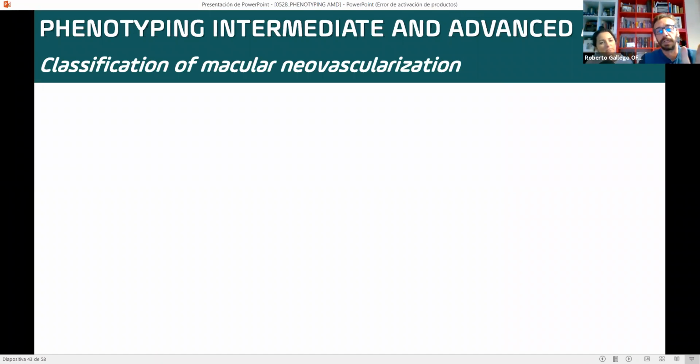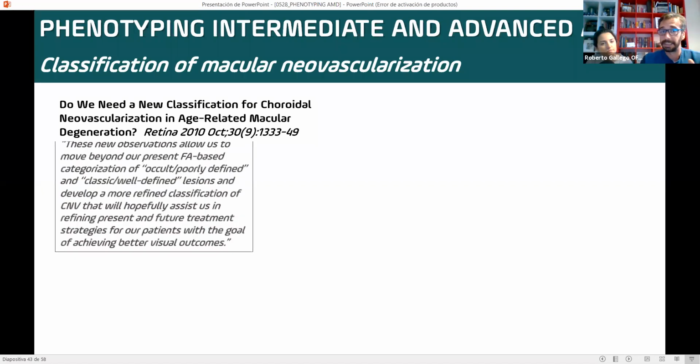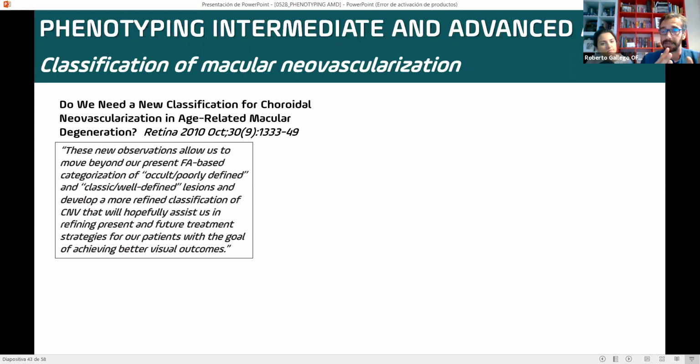This is easier, I think, because Bailey Freund did all the work for us. Remember that when he published this back in 2010, he already said that FA-based classification was clearly not enough.